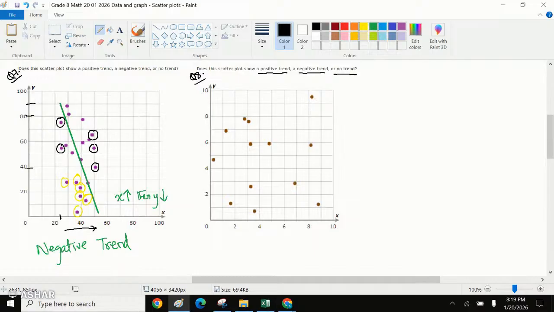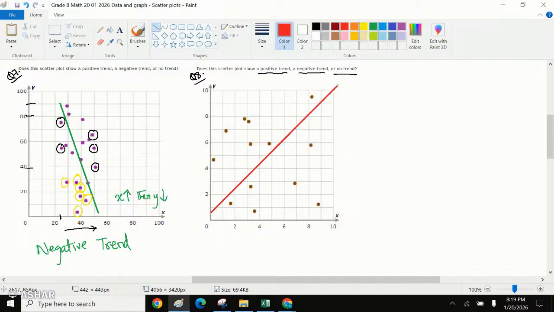See, if I would want to draw a positive trend, what I can do is draw a line over here. But do I see the values very near to the line of best fit? The line that I drew is called the line of best fit, right?